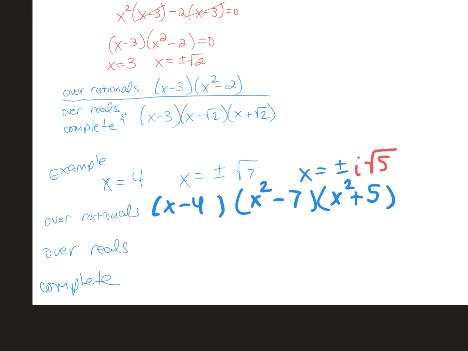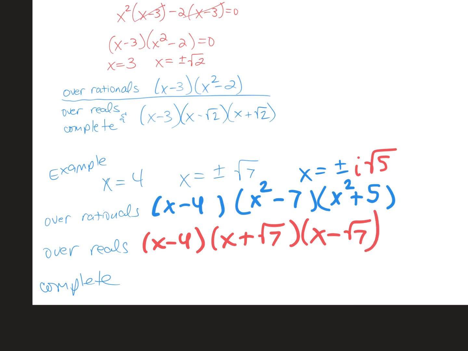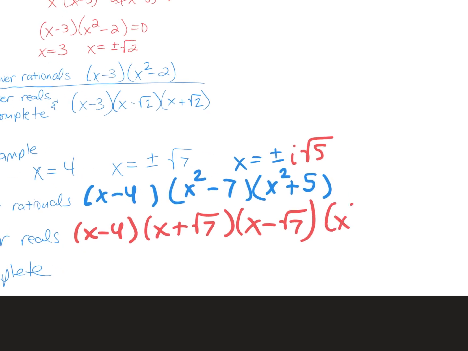So over the reals, what would I have? I still have x minus 4. That's fine. Then what would I have? Yep. So x plus the square root of 7, x minus the square root of 7. Do I do anything with x squared plus 5? Why not?